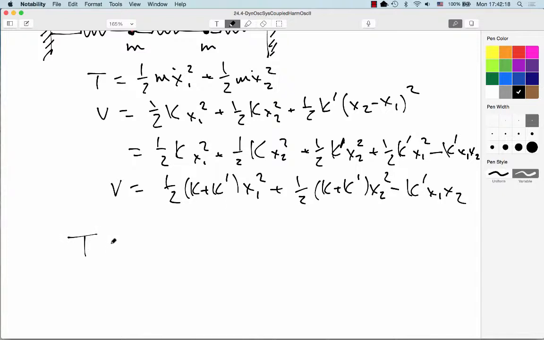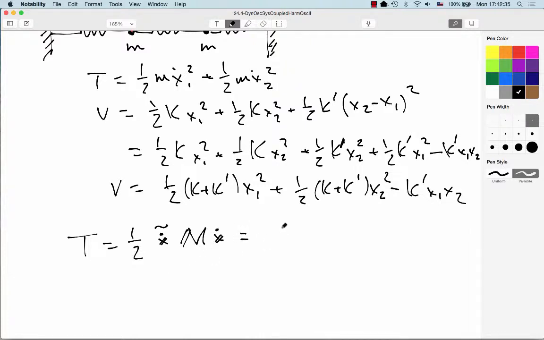So we can write the kinetic energy as 1/2 x dot twiddle m x dot.